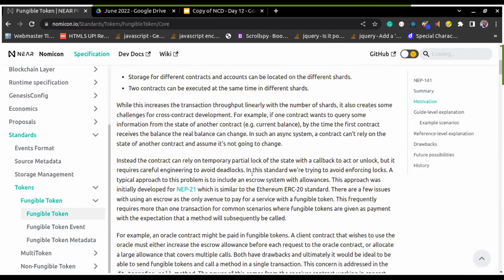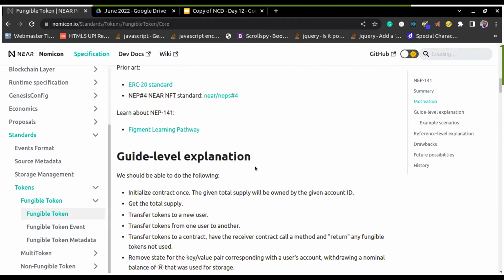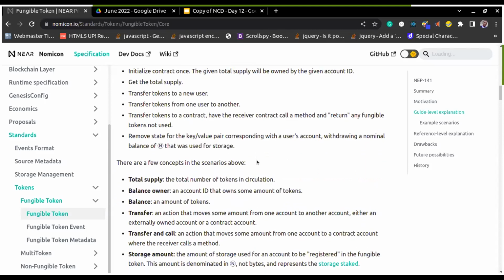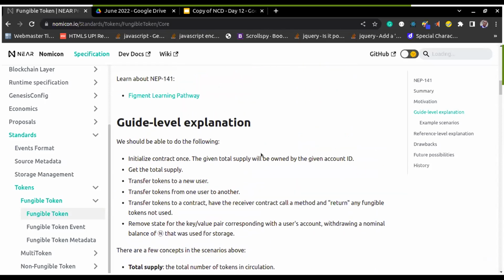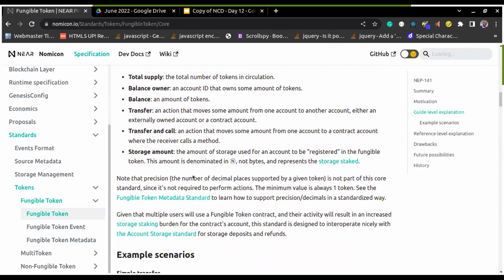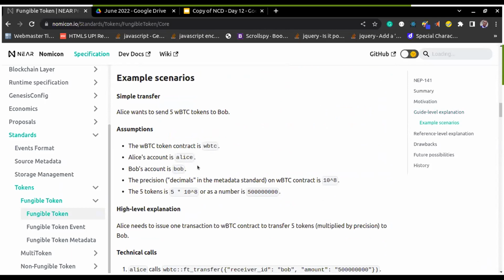So guys, you can follow that link and read through all this theory for you to get a very good grasp of what is required of you to come up with a fungible token smart contract. I'll go through the guide level explanation, and I really want us to be keen on this because there's a lot that will be needed of us to understand from that.